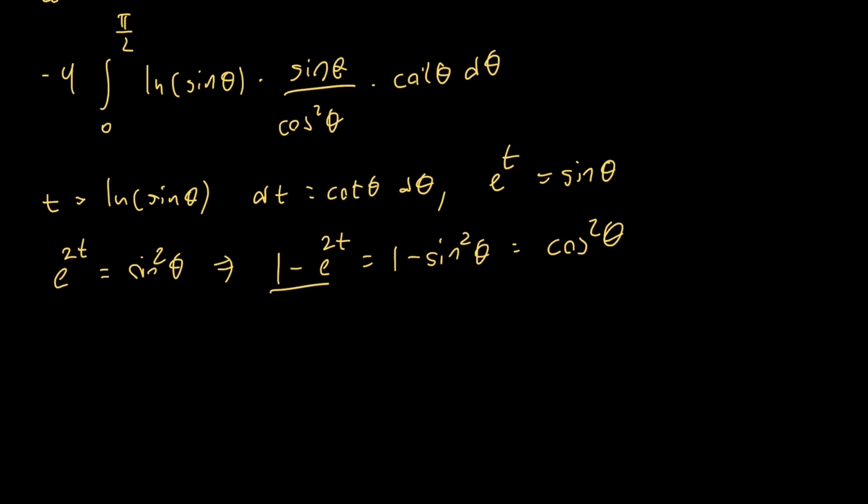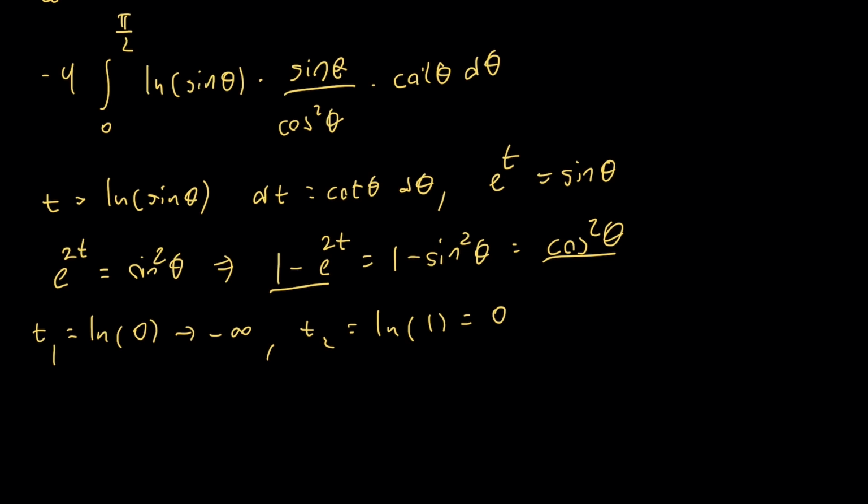So now we're going to use this. And the bounds of integration, so t1 will be the natural log of 0, which is approaching -infinity. t2 will be the natural log of 1, which is equal to 0.